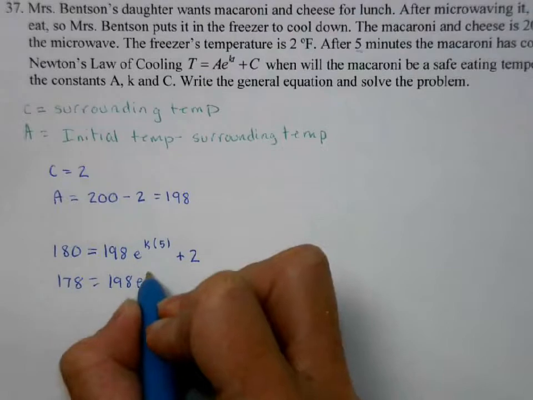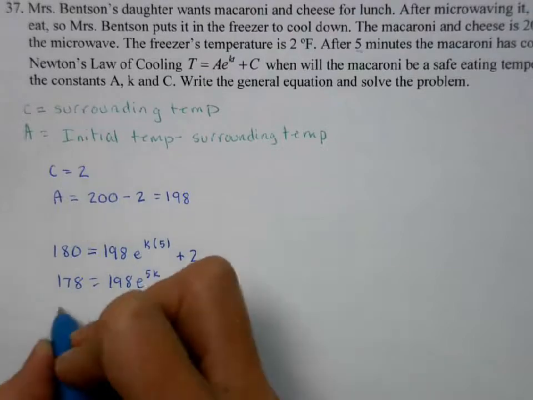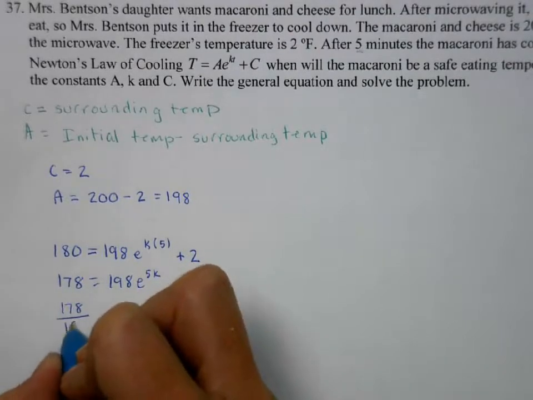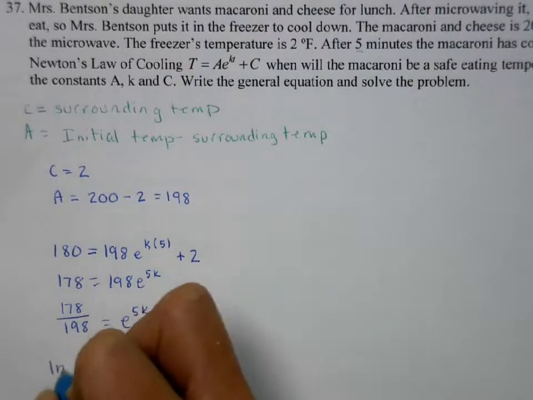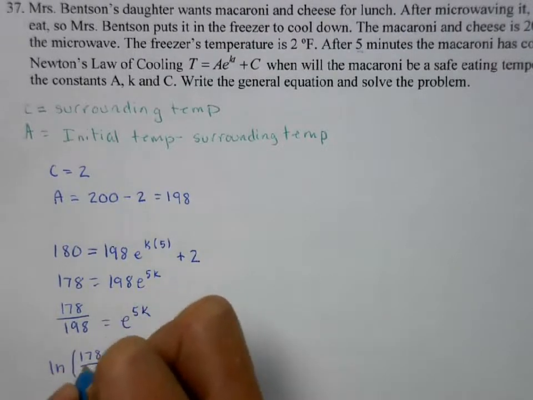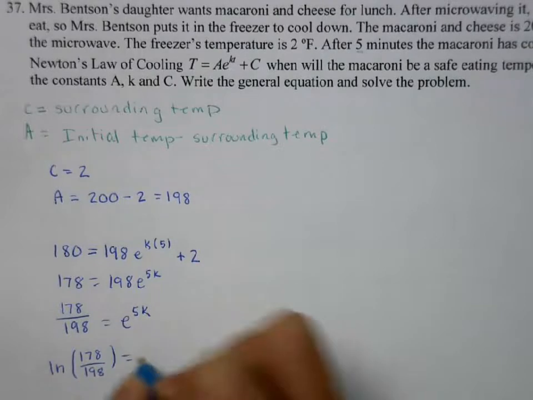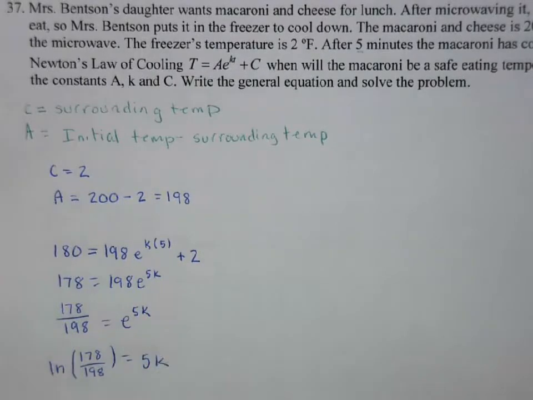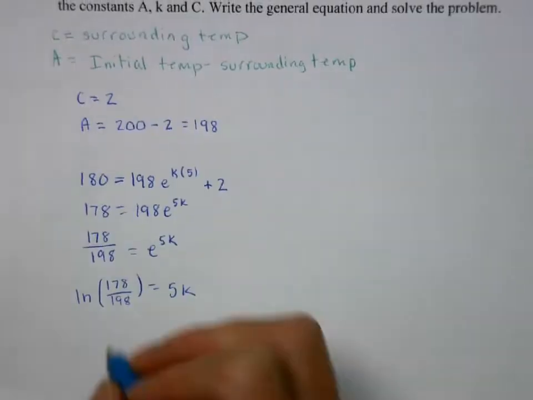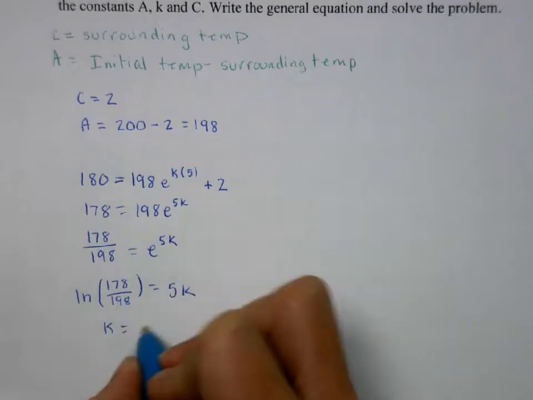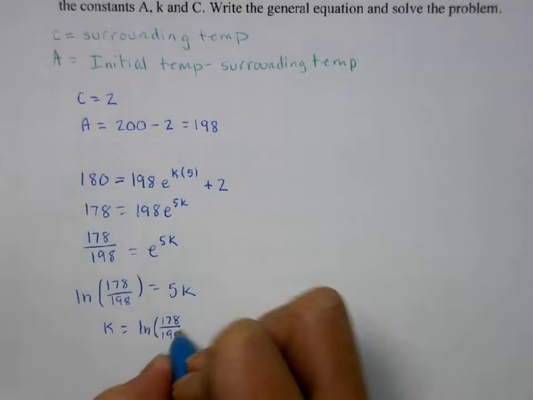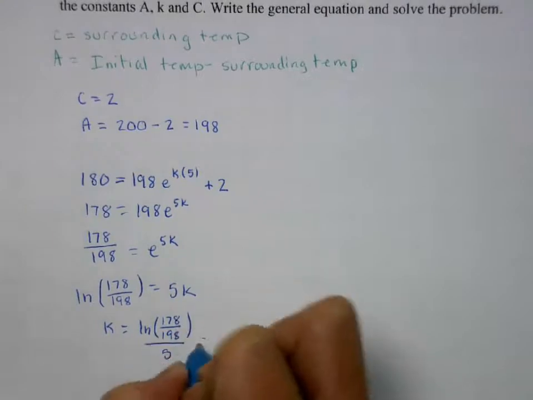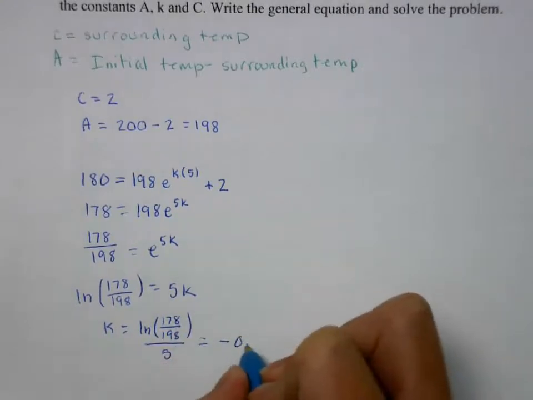Divide. Take the natural log. Okay, and then divide. So our K in this scenario is going to be negative 0.0213 because our temperature is decreasing.